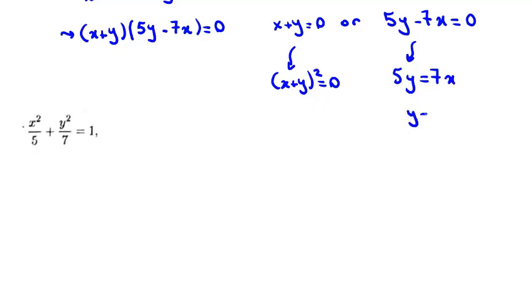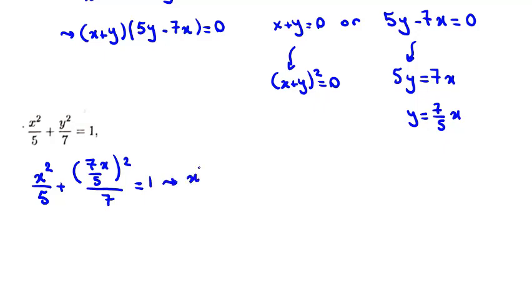From this, we can say y equals 7 over 5 x. And if we substitute into x squared over 5 plus y squared over 7 equals 1, we get x squared over 5 plus (7x over 5) squared over 7, which is 49x squared over 25 times 7, equals 1. We can cancel the 7s and then multiply both sides by 25.